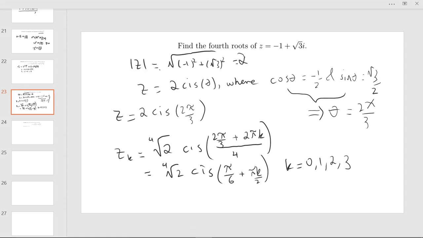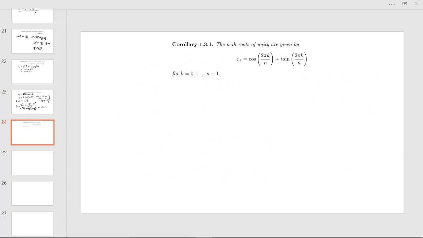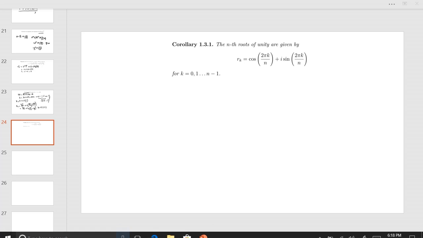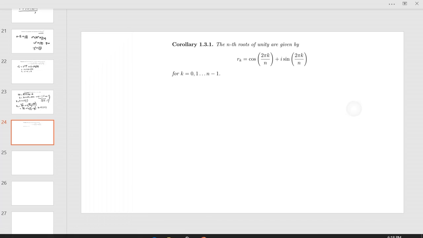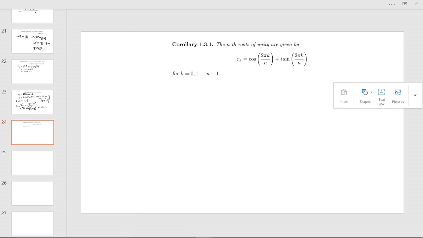Now, we turn our attention to the nth roots of 1, the real number 1, which can also be expressed as a complex number. From the previous theorem, we get that the nth roots of 1, or unity, are given by r_k is equal to cosine of 2 pi k over n plus i sine of 2 pi k over n for k ranging from 0 to n minus 1.